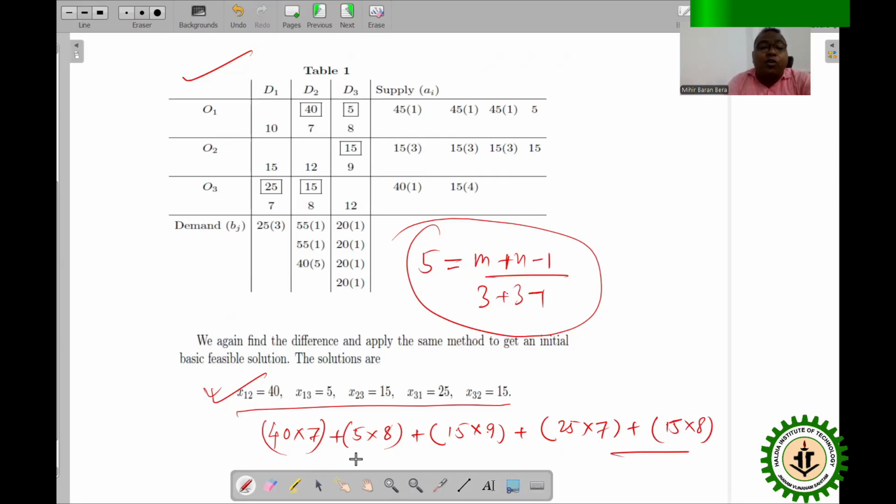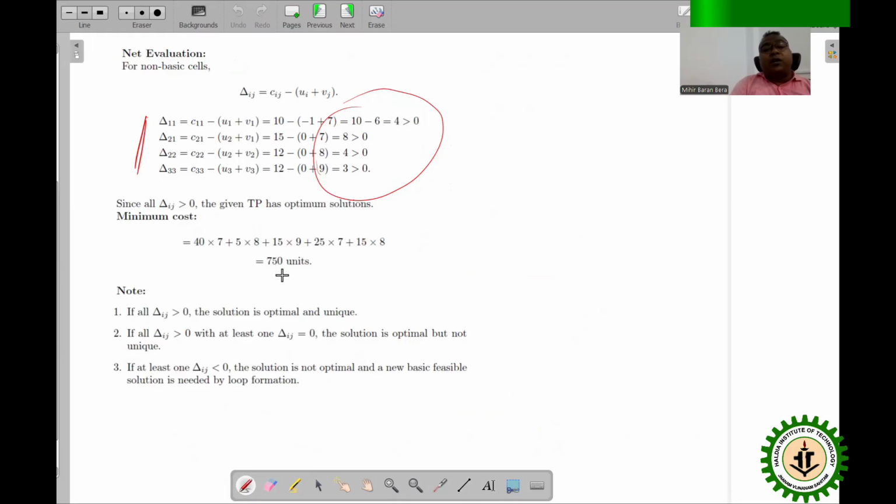That will be your optimum transportation cost, and that we have found here.